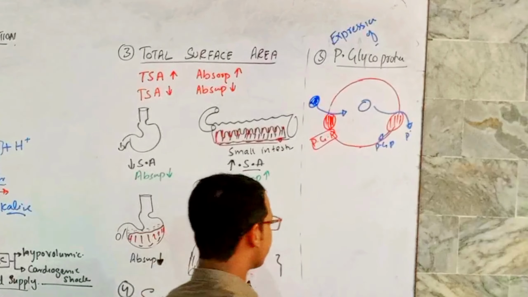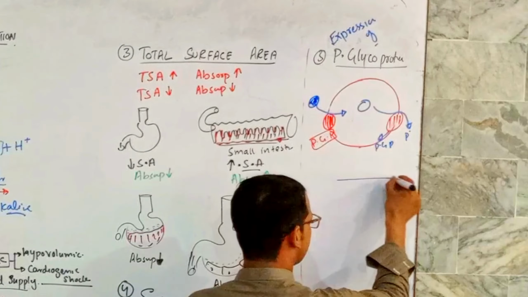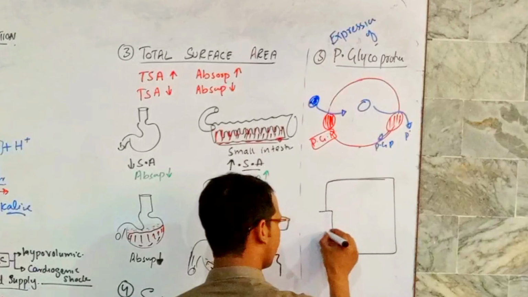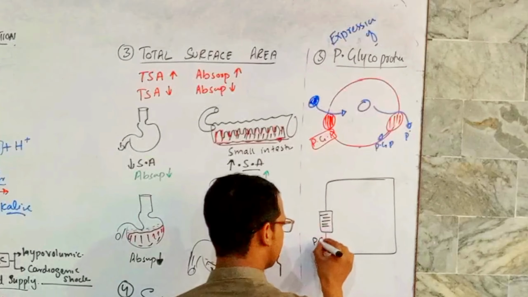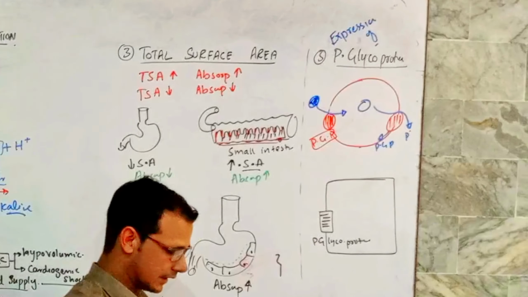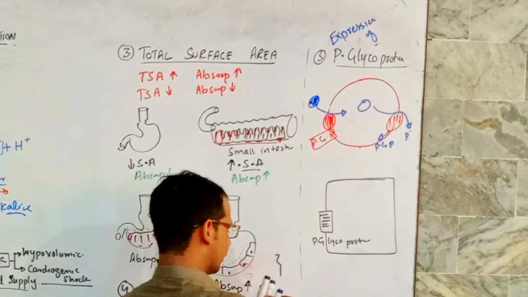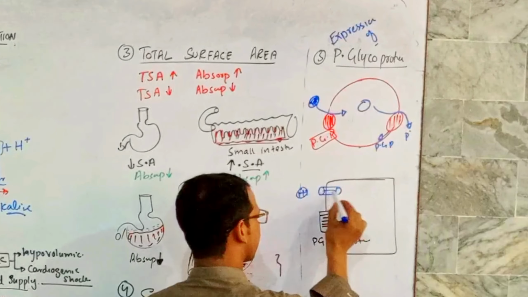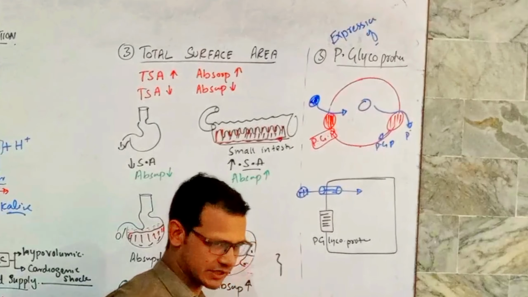Why? Because, for example, if I have a tissue or cell here, and this cell has P glycoprotein, right? And this drug is trying to enter the cell through a specific channel.